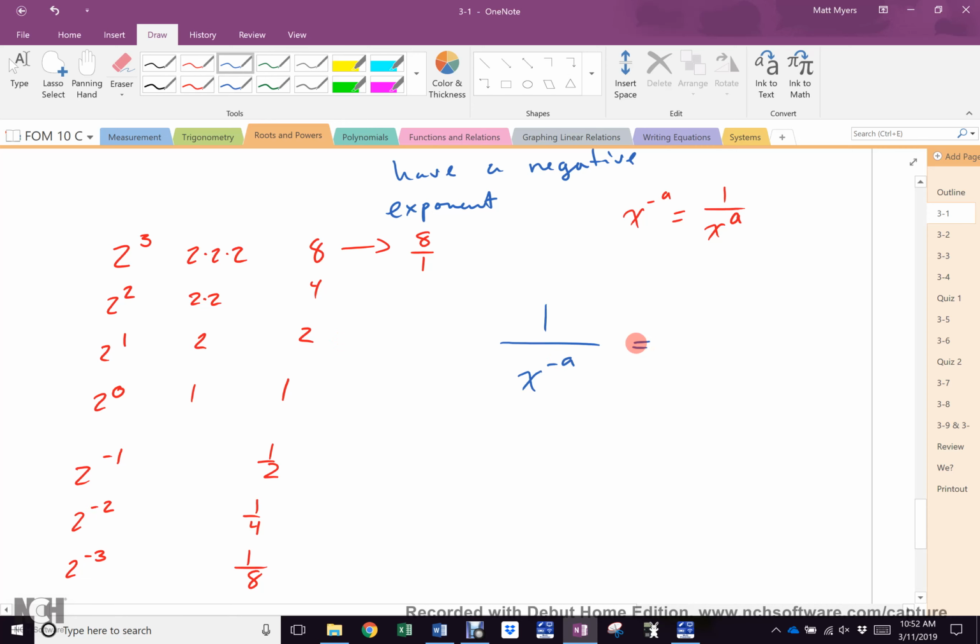Reciprocate it. So what will this become? It will become x, not negative a, because when we reciprocate, what happens to the exponent? It became positive. So what's going to happen here? And it's going to be over what? 1. Now, do we ever write anything over 1? No. So it becomes x to the positive a. Is everybody cool? Great. So now let's see if you really are.